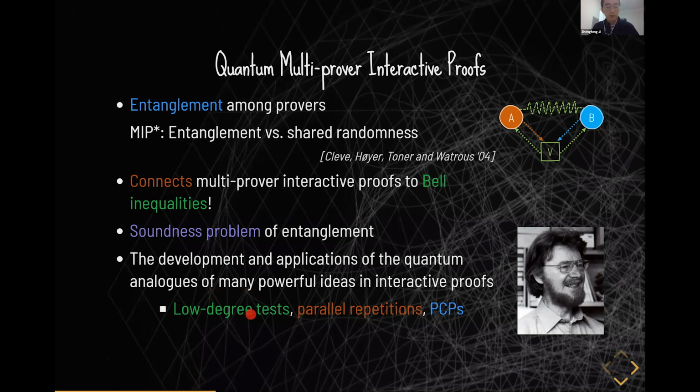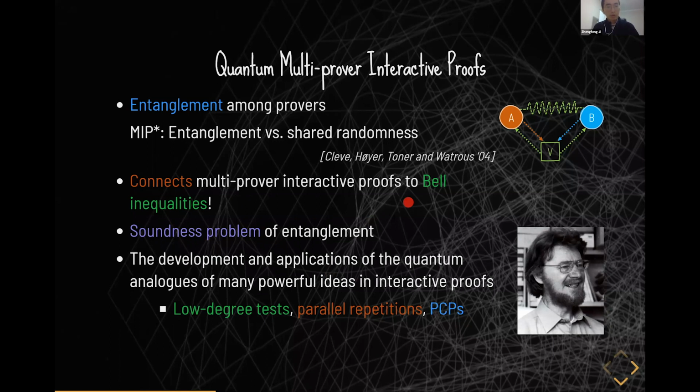In classical computer science, there has been a lot of work and techniques that are very non-trivial, like low-degree tests, parallel repetition of games and PCPs. We can use those in studying Bell inequalities now.